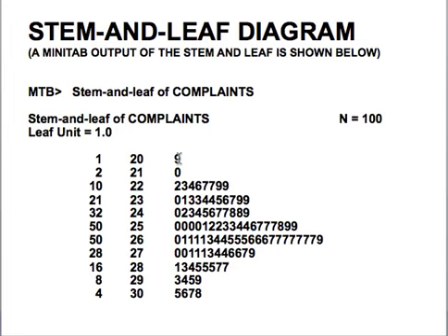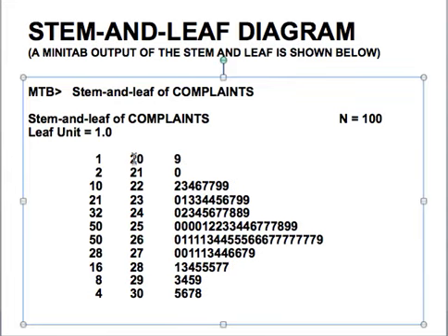So if I have 9 ones, we have 9 in the ones column. And in front of that we have 2, 0. That number reads 209. So our first value represented in this stem and leaf would be 209.